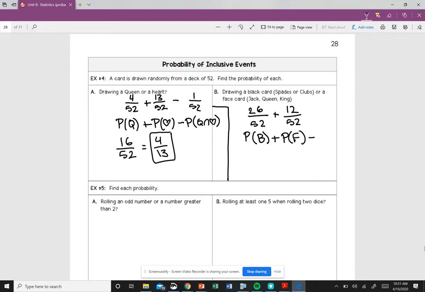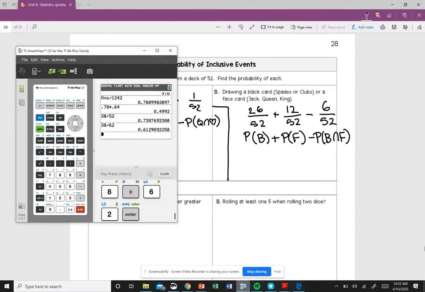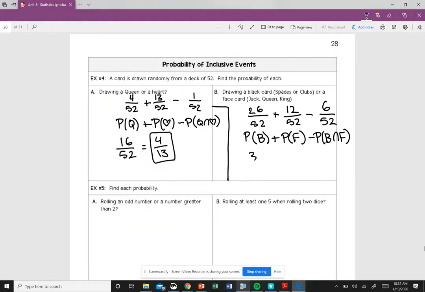And then we need to subtract the probability of the black cards that are also face cards. So that would be 6 because there would be 3 spades and 3 clubs that were Jack, Queen, and King. So that'd be 6 out of 52. So we do 26 plus 12 minus 6. So we have 32 out of 52.